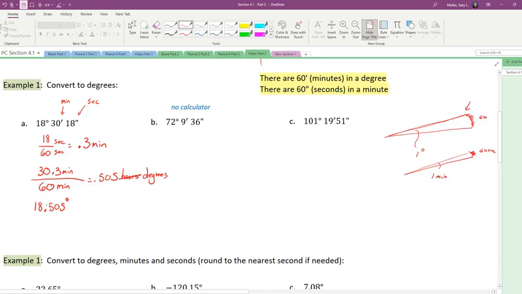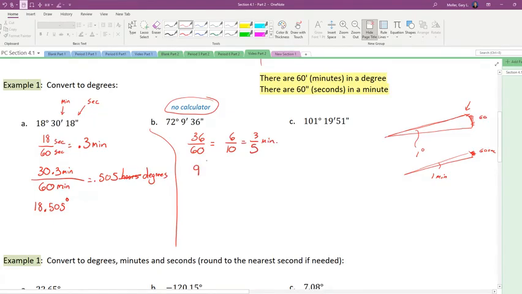72 degrees, 9 minutes, 36 seconds. I've asked you to try this without a calculator, so I haven't said it again in this video, but please pause and do these on your own. So 36 seconds out of 60 seconds, I can reduce that fraction to 6/10 or 3/5. So that's 3/5 of a minute.